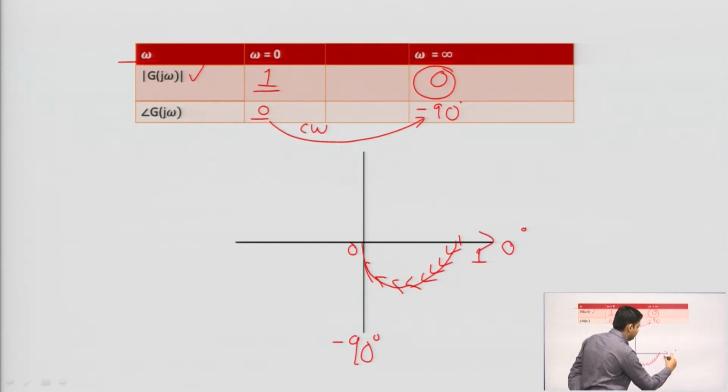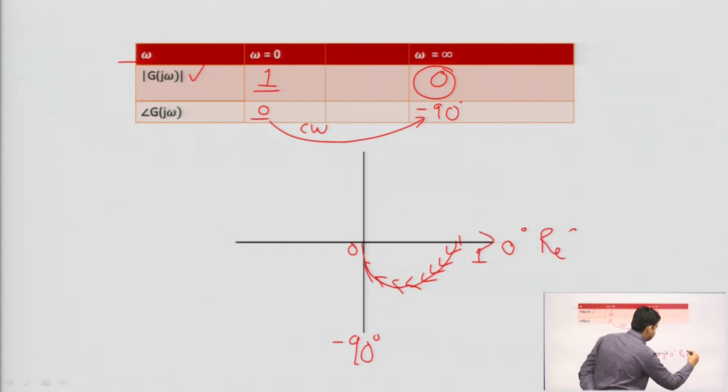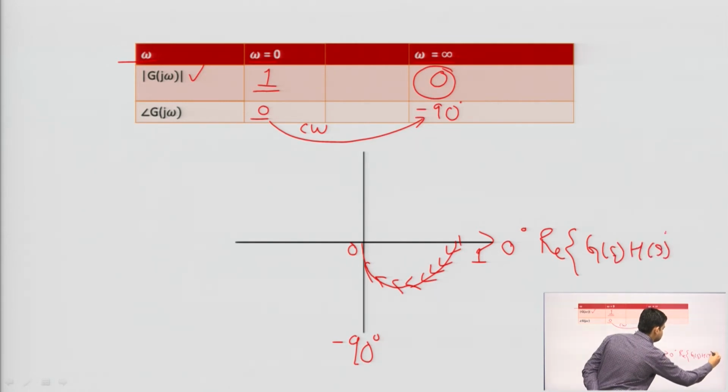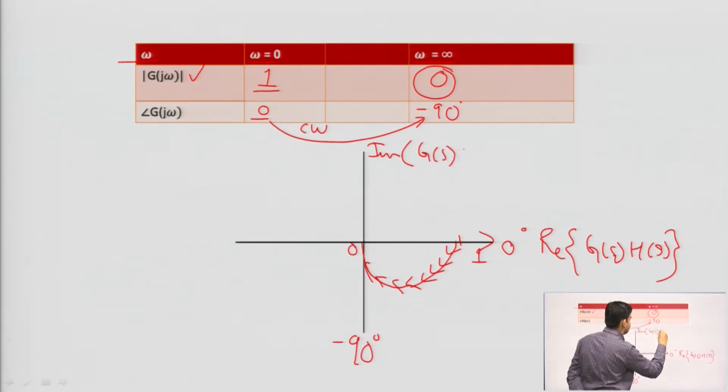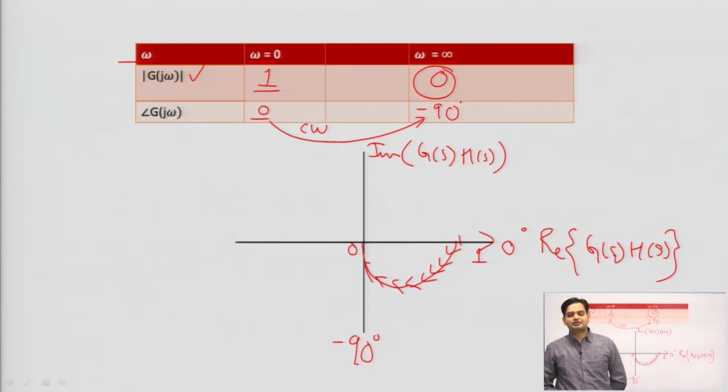Here my x axis is real of G(s)H(s) and my y axis is imaginary of G(s)H(s), right. This is the mapping of the s plane to the G(s)H(s) plane, and this is the polar plot. This graph should start from 1 and terminate at 0.